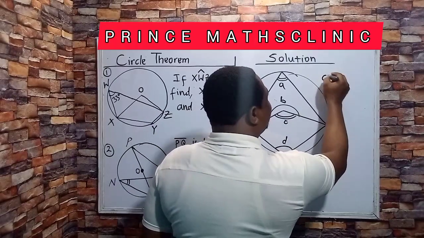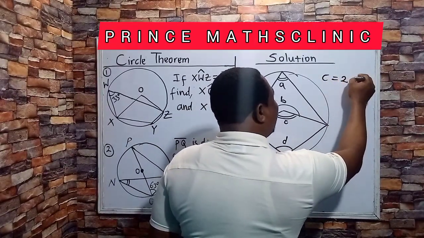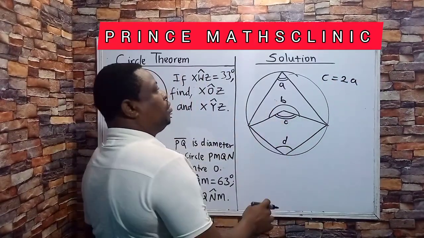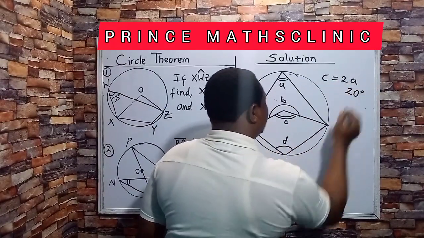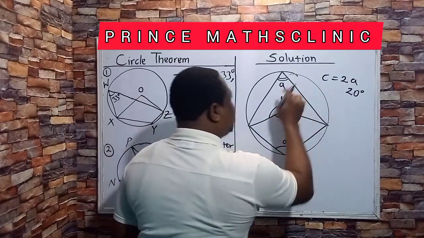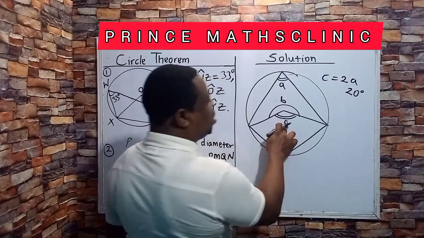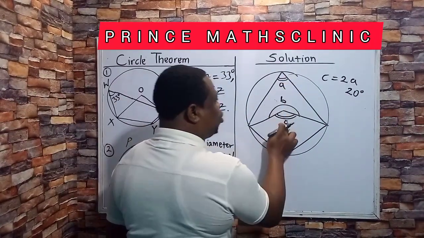That means angle C is 2 times of A. That means if A is 20 degrees, it means that C will be 40 degrees. This angle here will be 40 degrees. If A is 20, this will be 40.